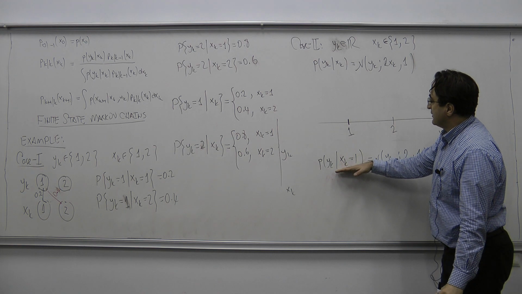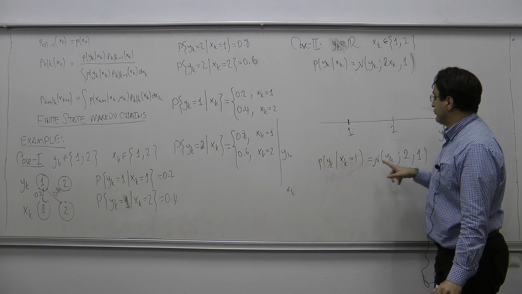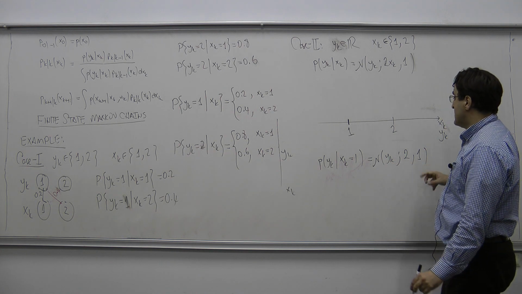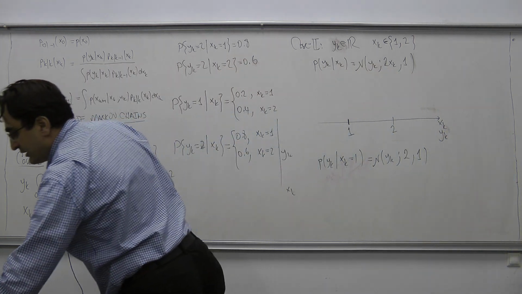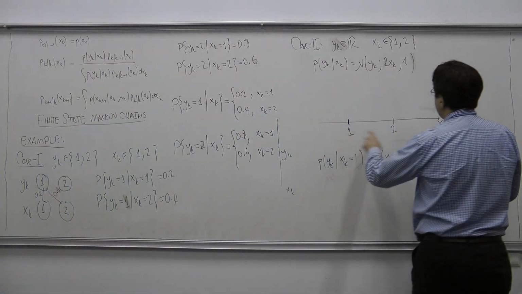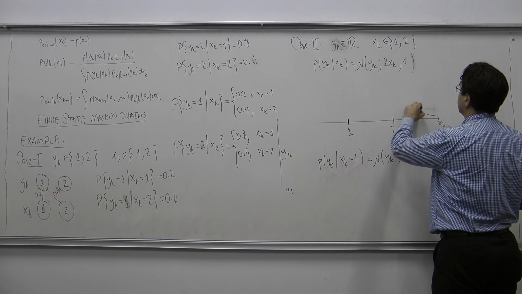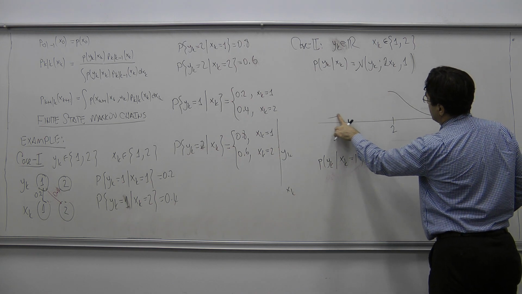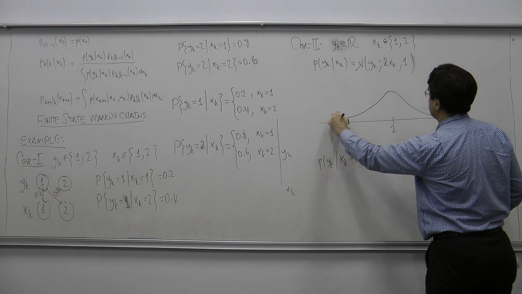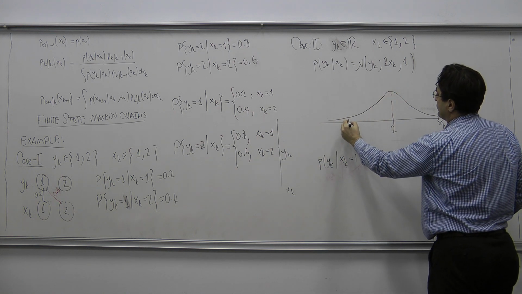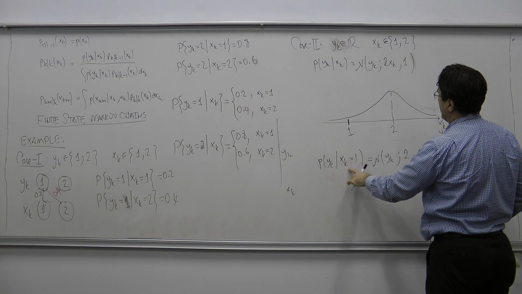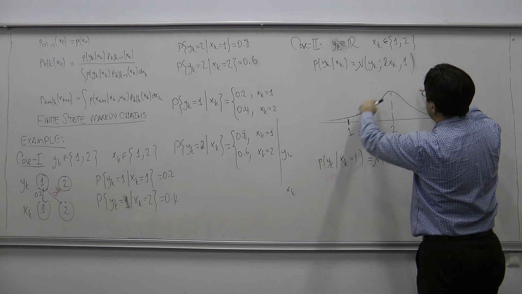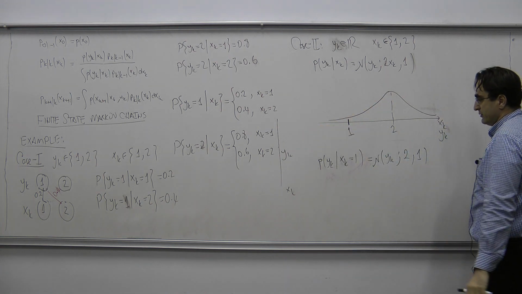So when the state is equal to 1, the output distribution has mean 2 and variance 1. That means that for the first state, the output is distributed like this. Okay? It is a Gaussian. Sorry for my terrible drawing. So it is a Gaussian. When the state is at the first state, the output is going to be distributed around value 2 with variance 1.